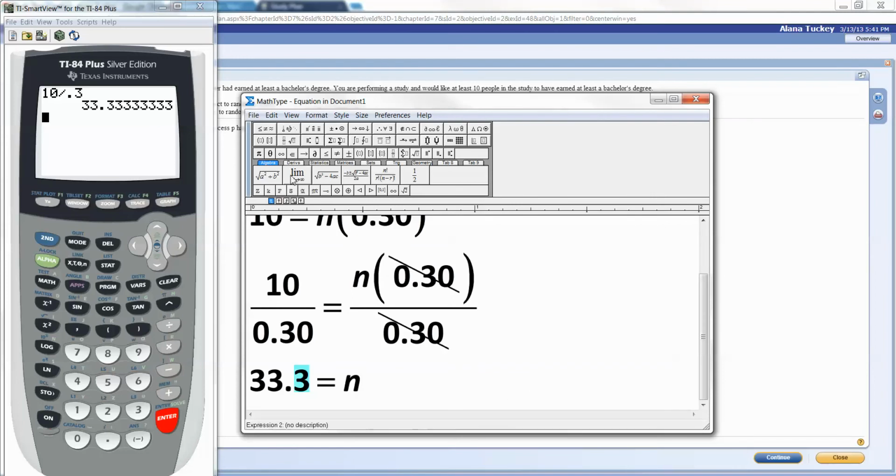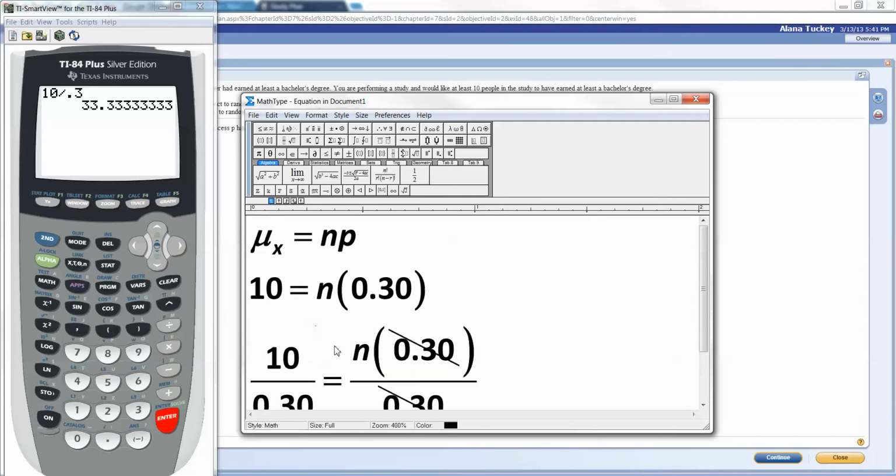So we need at least that many people, I should say, because we want the mean to be at least 10, right? If you really wanted to be really terrible about it, you could say I want this to be greater than or equal to 10.